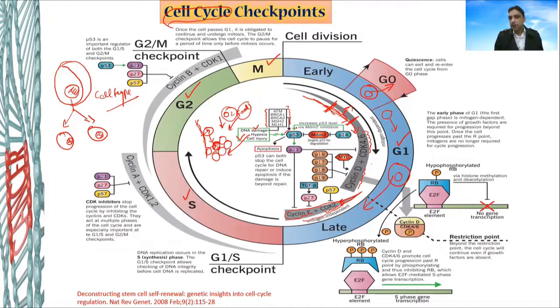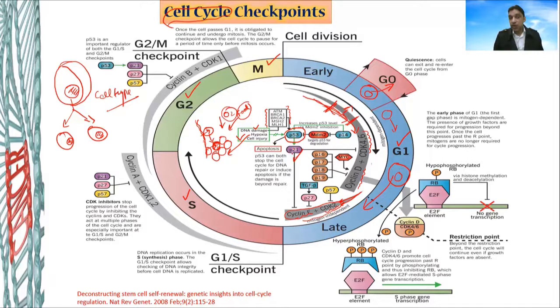Once P53 is activated in the system, what that means, as I shared, is that the cell will proceed or try to do two things. The first thing is that the cell will activate P21. Activation of P21 means the cell will try to stop the cell cycle. I used that word in the earlier lecture. The cell will not go for cell division. Now you can see at a molecular level how it is possible.